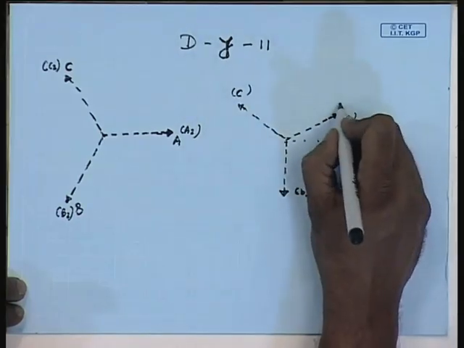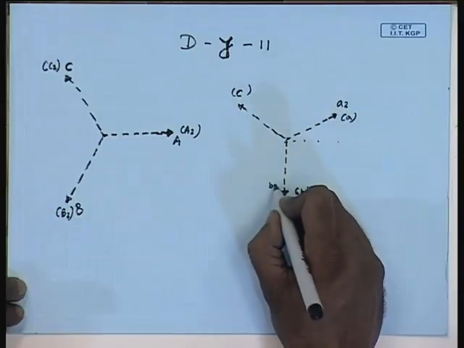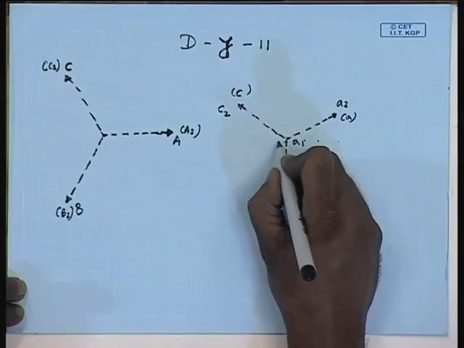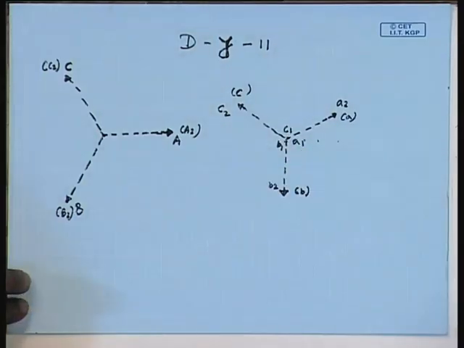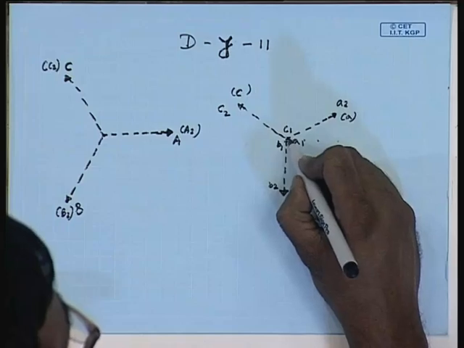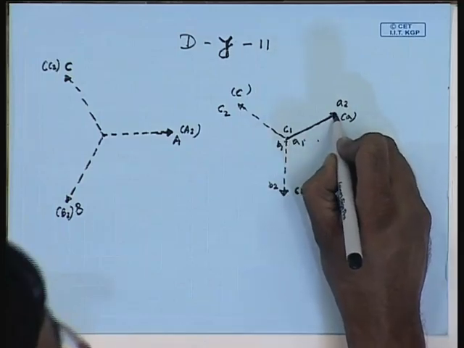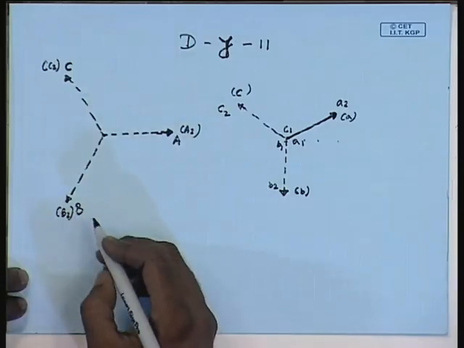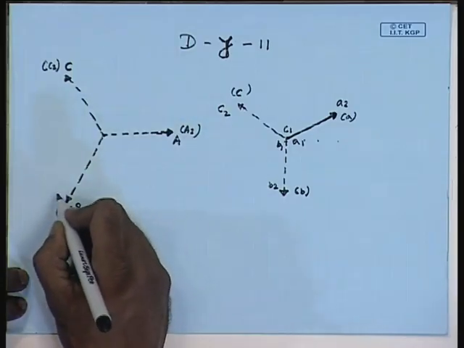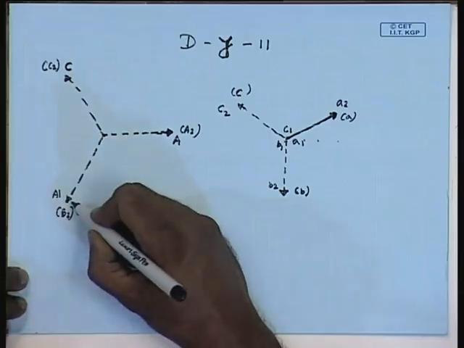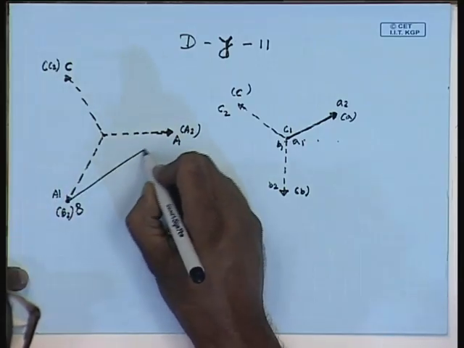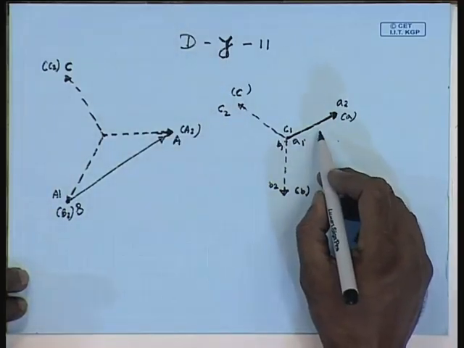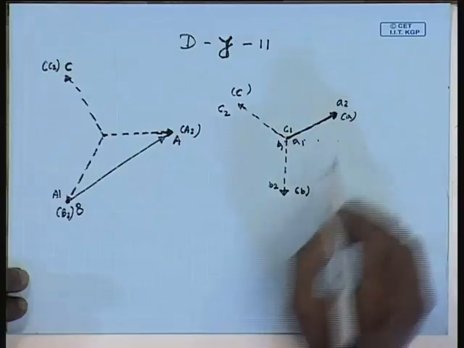So, this terminal is A2, this terminal is B2, this terminal is C2, and this terminal is A1, this is B1, this is C1. Hence, the winding voltage phasor A1, A2 is in this direction. This should be parallel to the winding voltage phasor on the high voltage side. Hence, this terminal should be A1, so that the winding voltage phasor capital A1, A2 is parallel to the low voltage side winding voltage phasor small a1, a2.